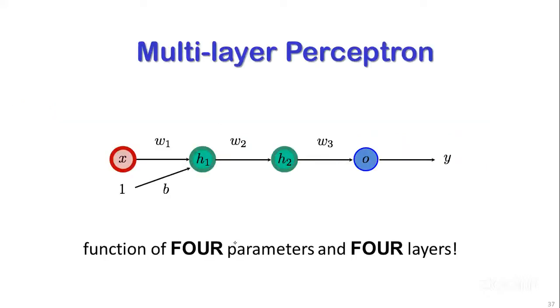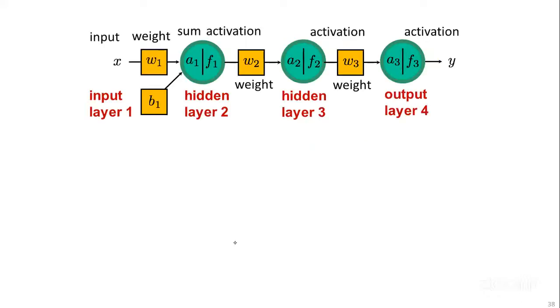Now just consider this multi-layer perceptron, where we have 4 layers: input layer, hidden layer 1, hidden layer 2, and then your output layer. You can see this is your W1, bias, then W2, W3, and that is how Y. Now see what is going to happen. This is how I told you yesterday that you represent this network. This is one way of representing it.